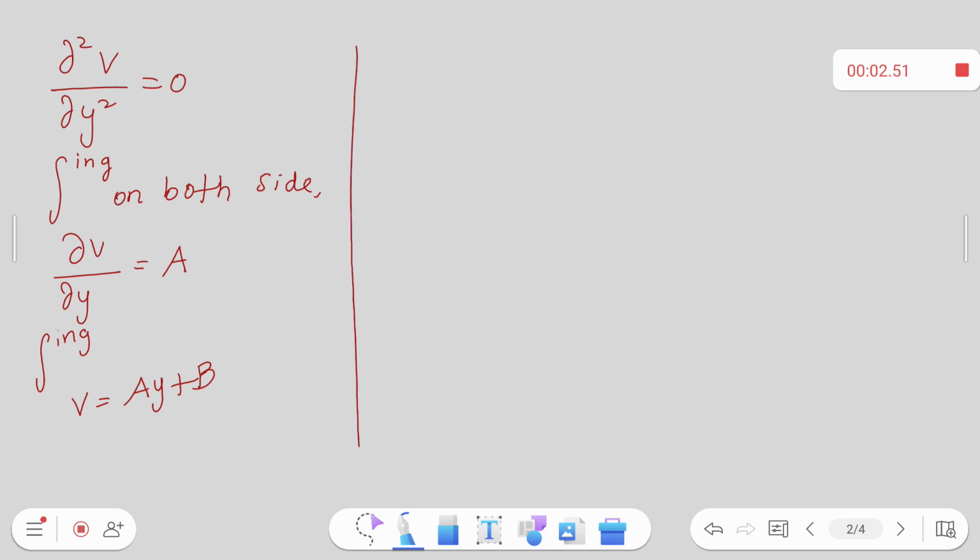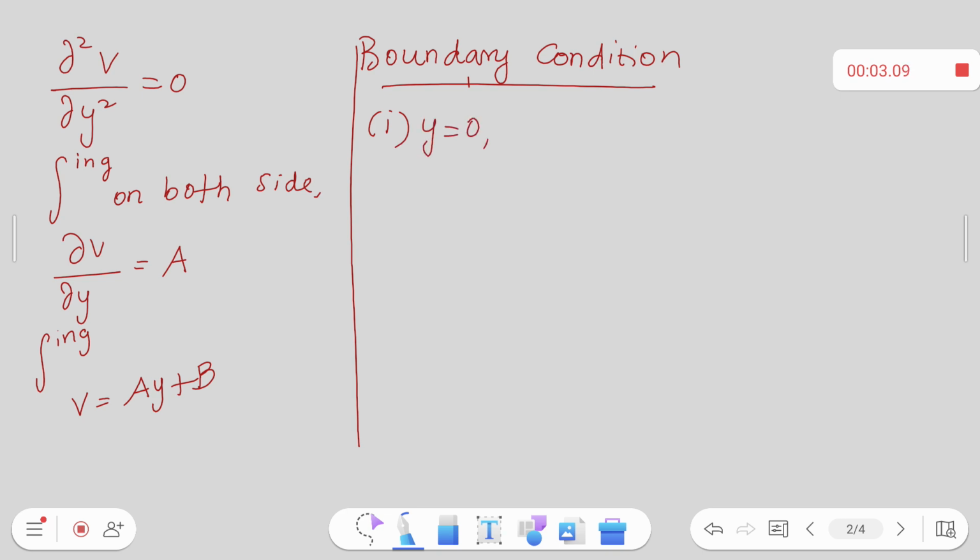Now let us apply the boundary conditions to find the integrating constants A and B. I have two boundary conditions. One is y is equal to 0, V is equal to 0.